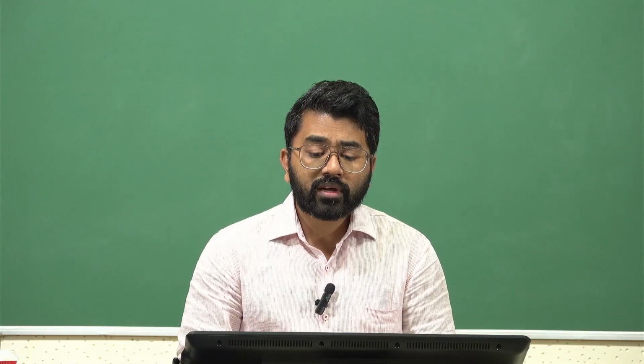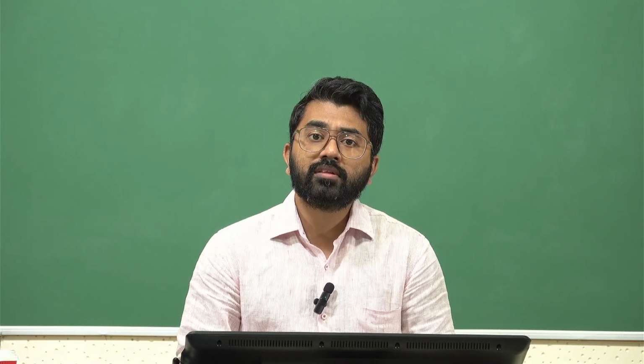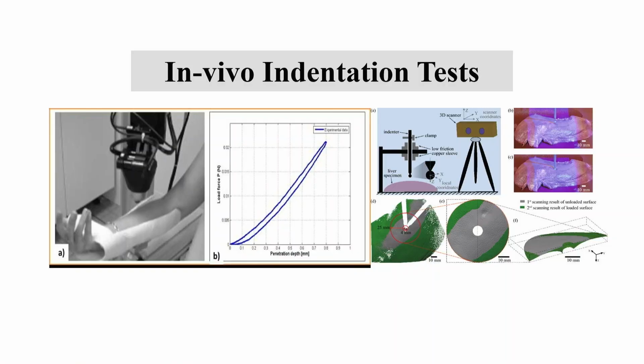So the first one here is the indentation test, which is historically how tests are conducted, where you are looking at the human skin, for example, that is the soft tissue which is undergoing the maximum number of in vivo indentation tests. So you see on the figure on the left a human hand, and basically there is an indenter.